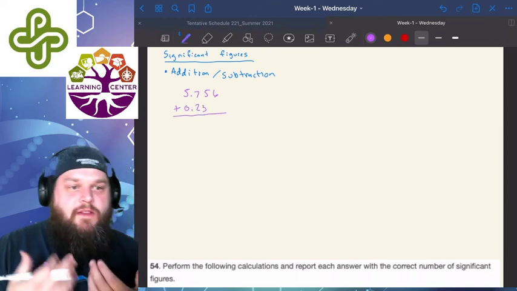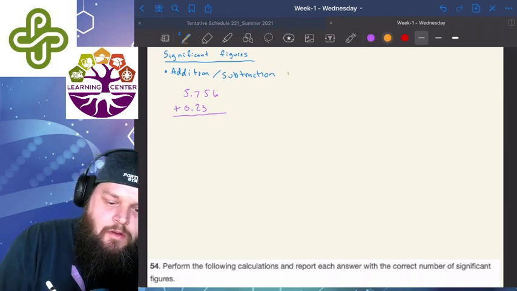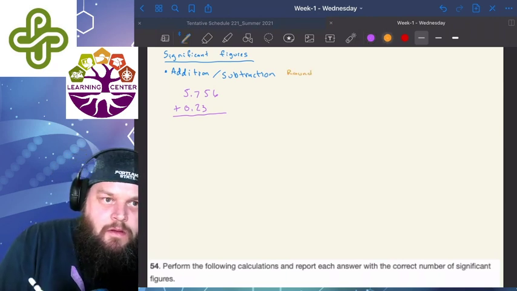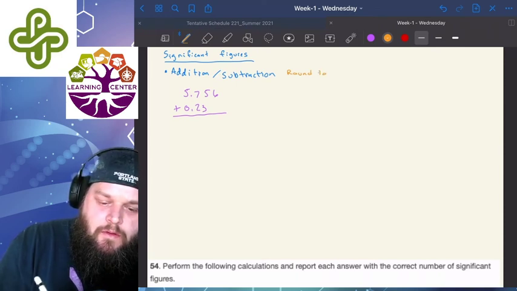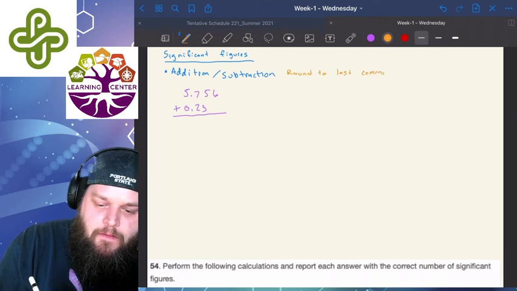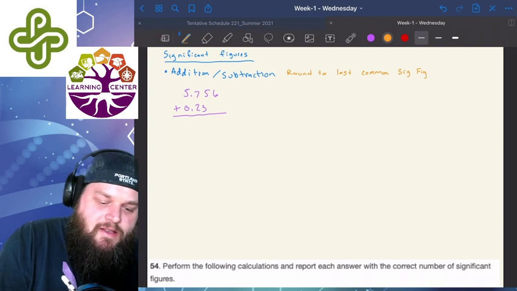And anytime you have addition and subtraction, the rule I like to use there is to round to the last common significant figure. So in this case, what that means is the last common significant figure is going to be the second decimal place. So I just draw a line right down there.